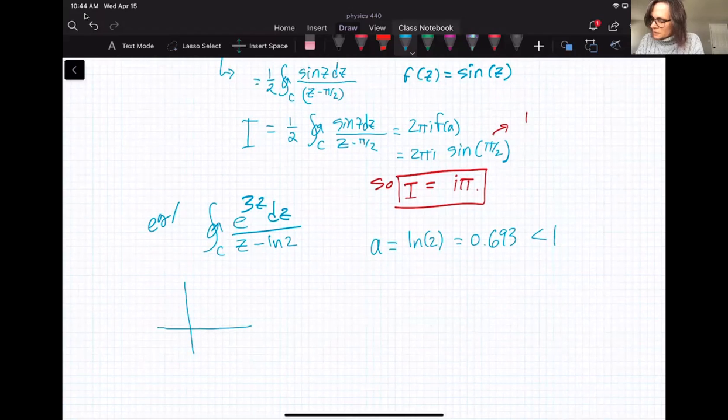So z is equal to 0.69, and will be located right here. z is equal to A, and it's a real number, right? So it's on the real number axis. And then we could bound this by a contour, let's say a square contour, that goes out to 1i and down to minus 1i.